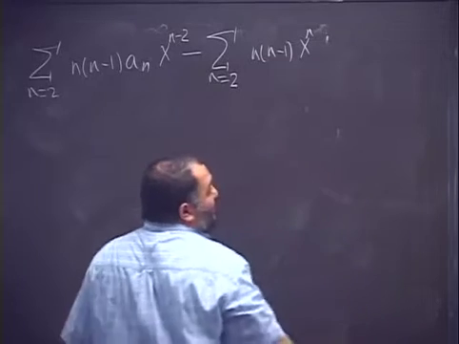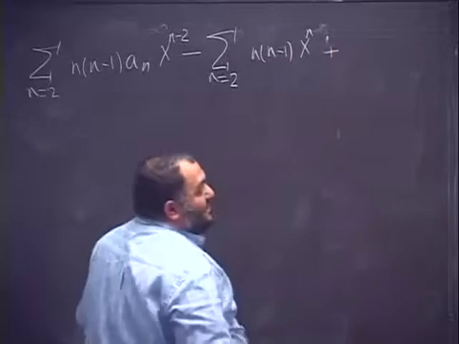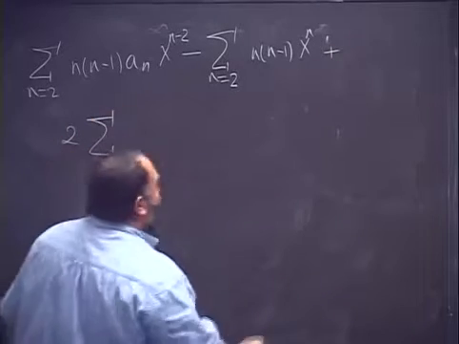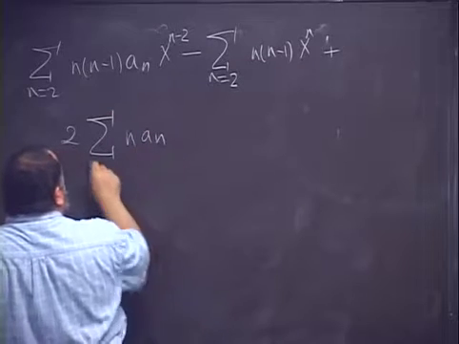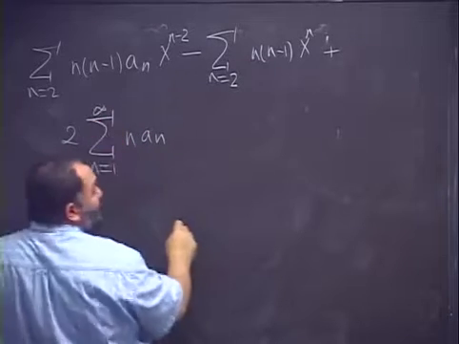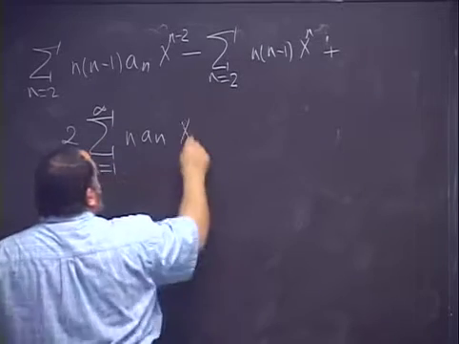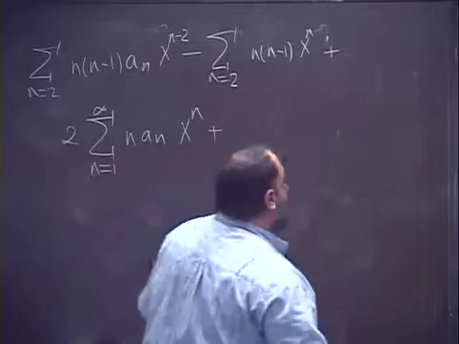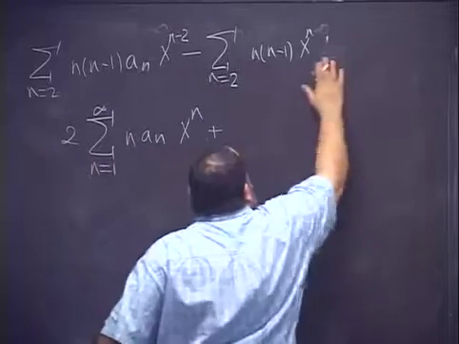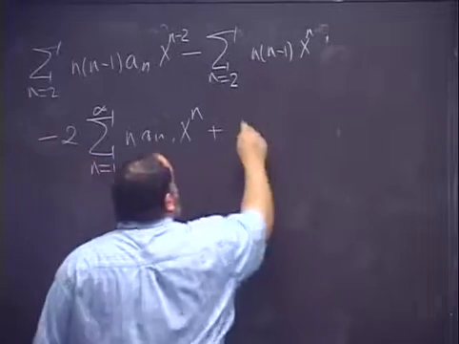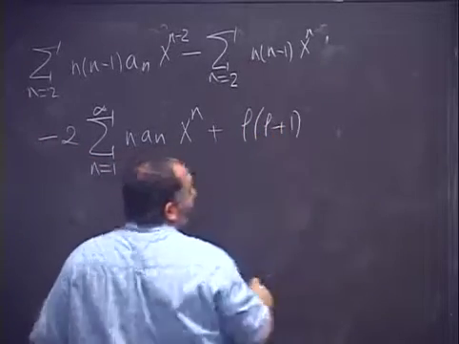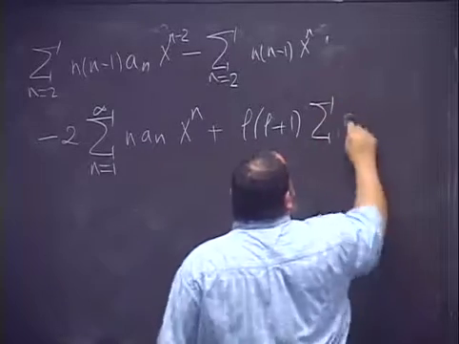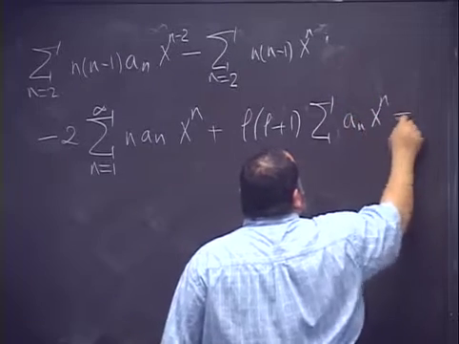This is x to the power of n, plus 2 multiplied by n, from n equal to 1 to infinity, x to the power of n. Shouldn't that be a minus? Yes, that one there should be minus. Plus l(l plus 1) multiplied by the summation of a_n x to the power of n, n equal to 0.